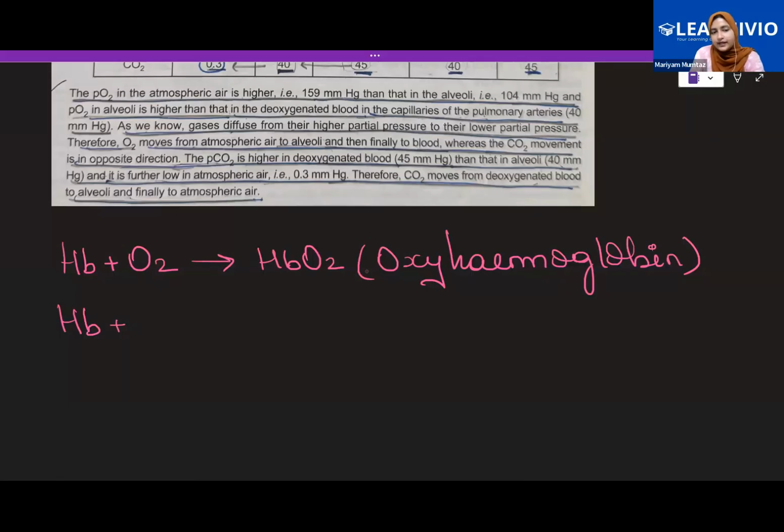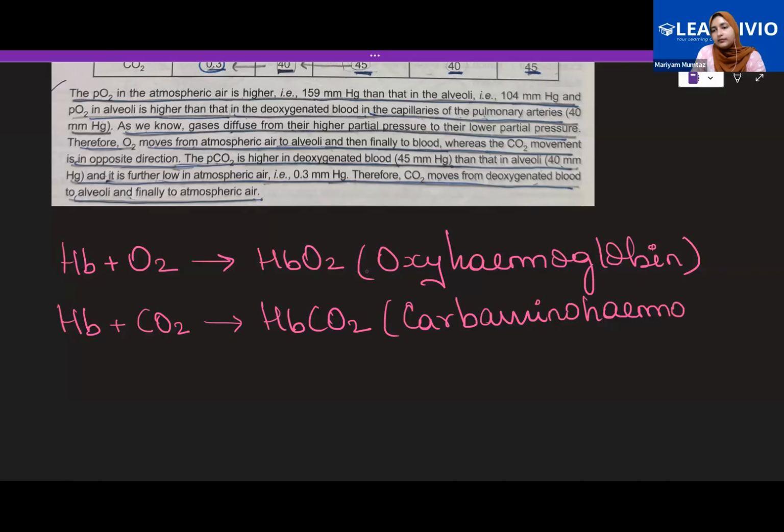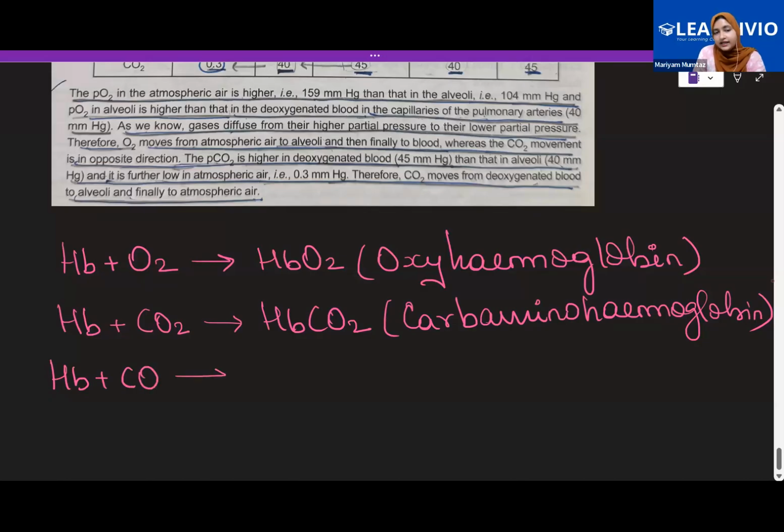We will see that. It will be responsible for the transportation of CO2. So carbaminohemoglobin is the combination of the hemoglobin along with the CO2 molecule. And whenever the hemoglobin combines with carbon monoxide, it becomes HbCO, and that is what you call carboxyhemoglobin. Okay, is it clear to everyone?